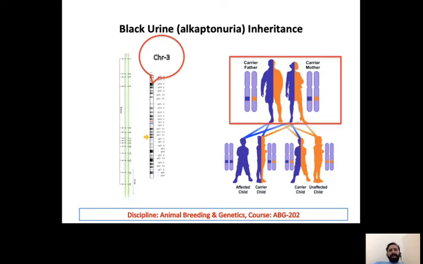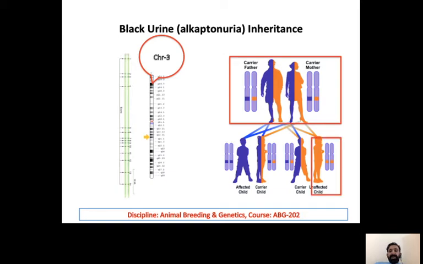So both of the parents are carriers. If they get married, what would happen? There is a probability that one fourth of the children, every fourth child, would be affected, because that child is going to get a defected copy from both of the parents.